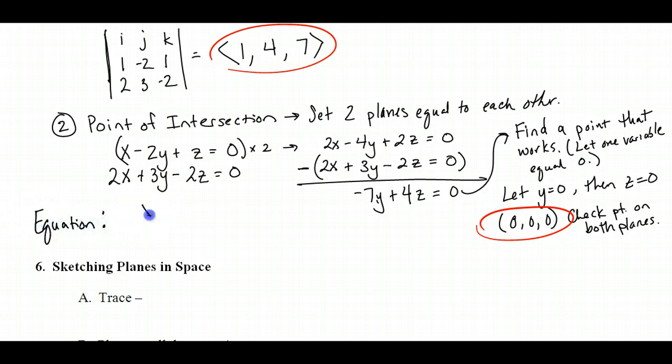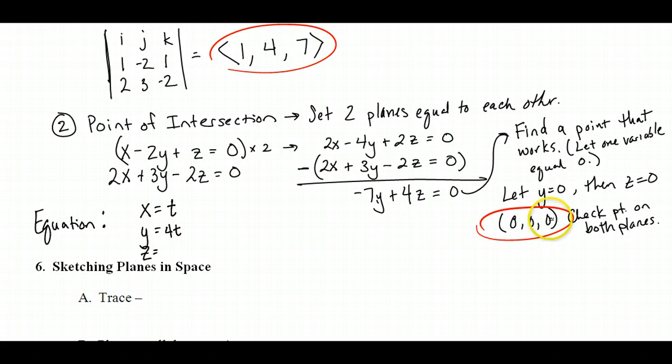So for our equation, we have what is x equal to, what is y equal to, what is z equal to. And remember, for x, we take our point first, so it's 0 plus 1t. So it would just be 1t, or I'm just going to leave it as t. Our point is always 0, so y would be 0 plus 4t.